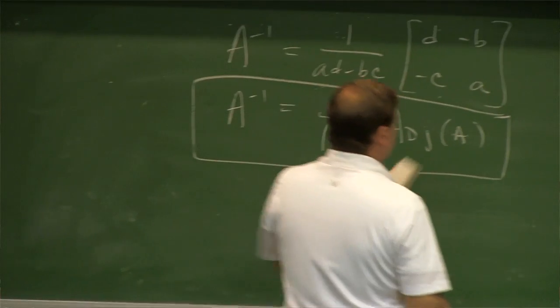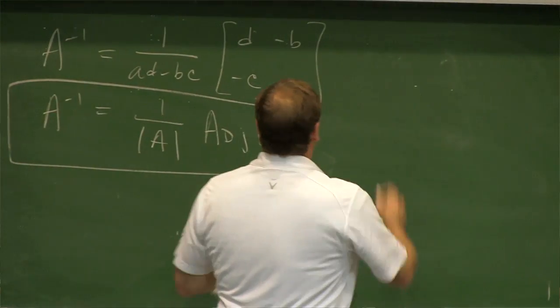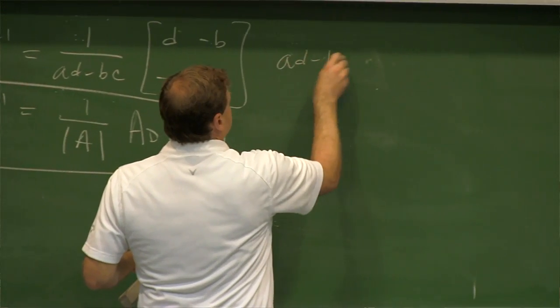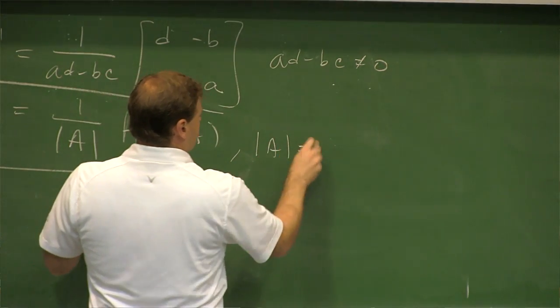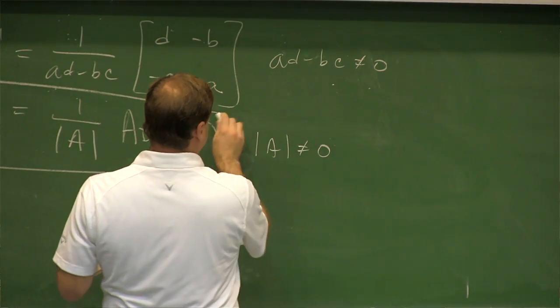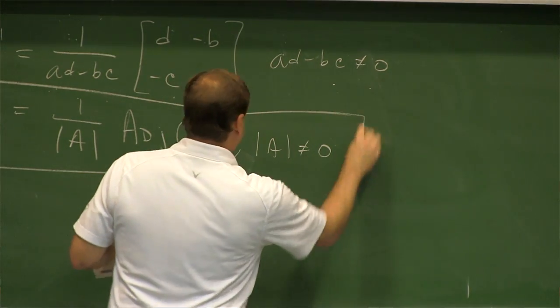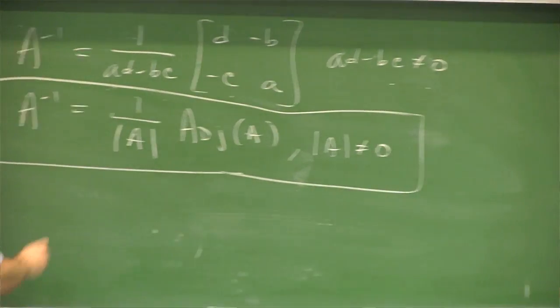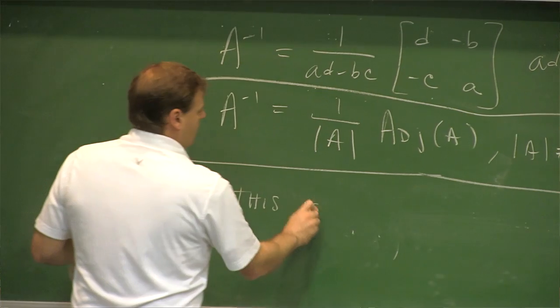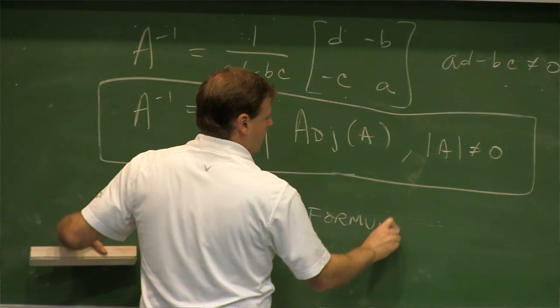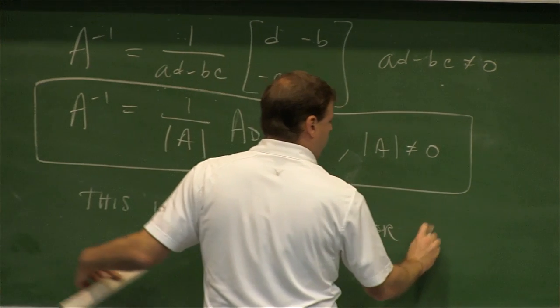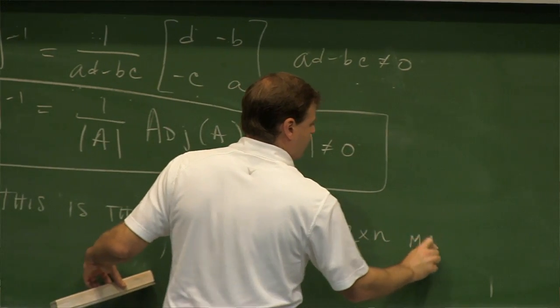So a couple of things. First, I need to say that ad minus bc is not equal to 0. And then I'll say that the determinant is not equal to 0 here. Otherwise, the inverse doesn't exist. And then I'll say that this is the formula for n by n matrices.